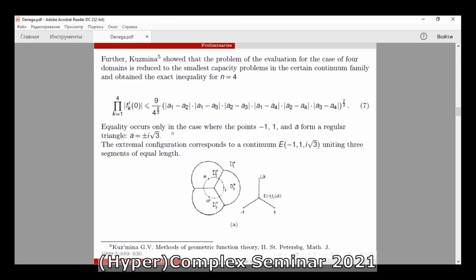Equality occurs only in the case where the points -1, 1, and A equals plus minus i square root of 3 form a regular triangle. The extremal configuration corresponds to a continuum uniting -1, 1, and i square root of 3 in 3 segments of equal length. On the picture, we have this extremal configuration with 4 domains, D1, D2, D3, and D4 containing infinity.